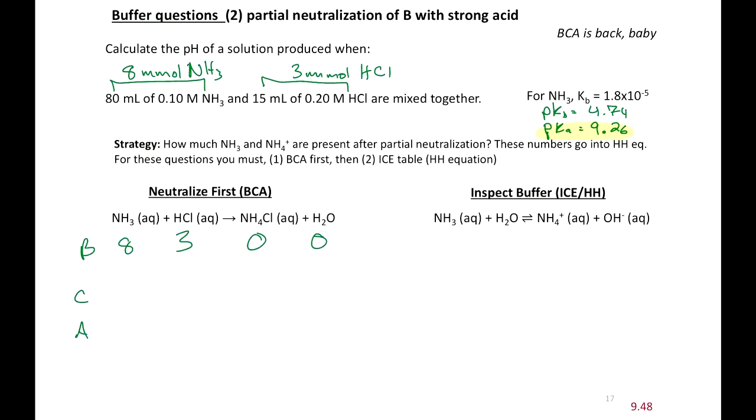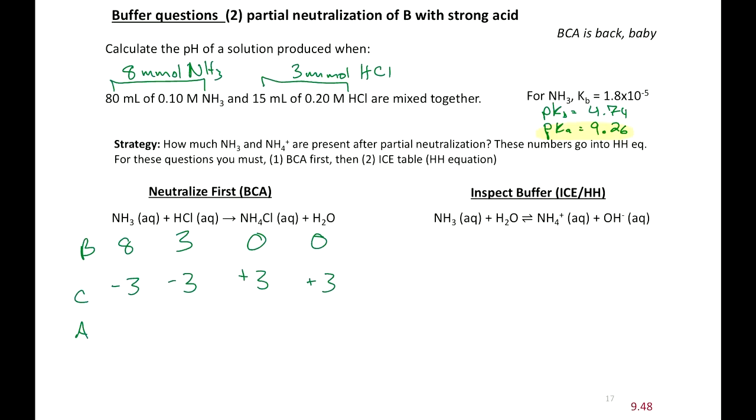Okay, so the numbers are the exact same. What is our limiting reactant this time? HCl. So we consume 3 millimoles of HCl, but then we also consume 3 millimoles of ammonia. So then we gain 3 millimoles of ammonium, the conjugate acid, and then 3 millimoles of water, but again, we'll ignore that when we do the Henderson-Hasselbalch equation.